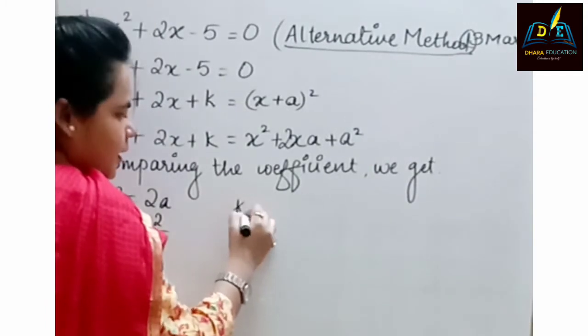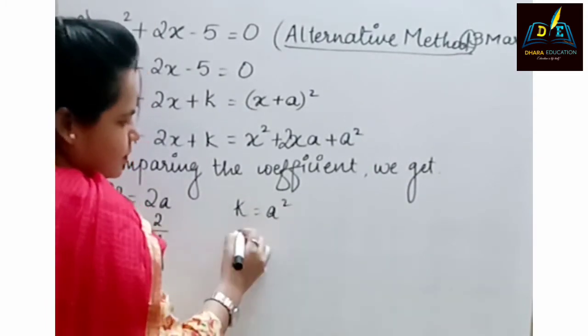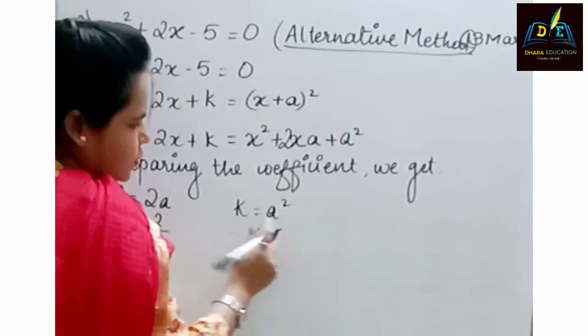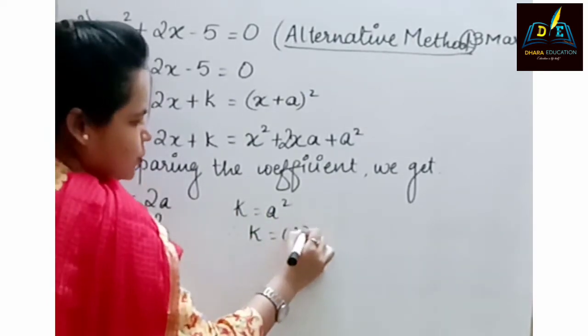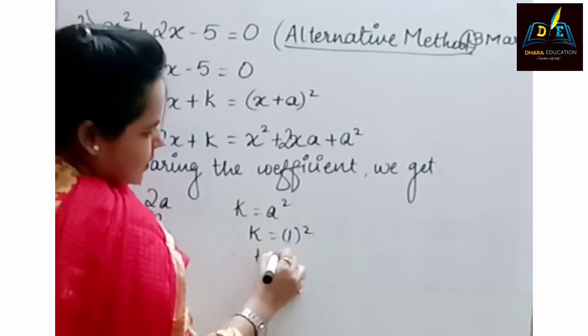Now k is equal to a square, therefore k is equal to, the value of a is what? 1. So 1 the whole square, therefore k is equal to 1.